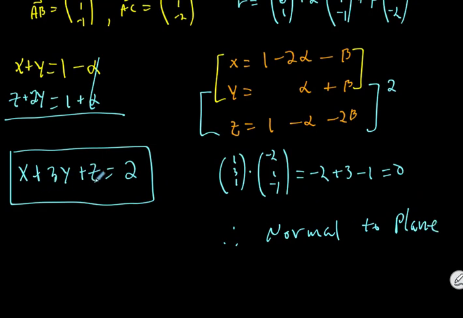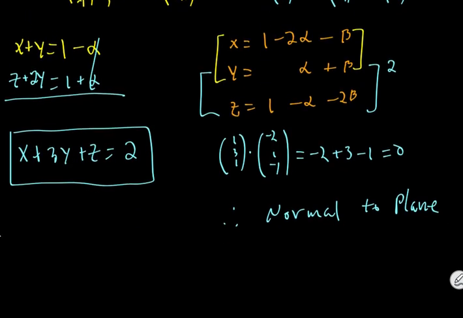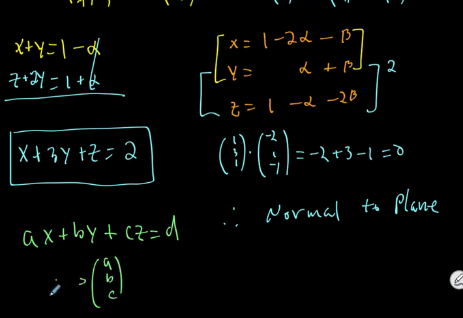And this brings up an important concept about equations of planes, right? The coefficients from my Cartesian equation of a plane. So when I have something like ax plus by plus cz equals some value d, the vector (a, b, c) from these coefficients is the normal vector to any plane, right?